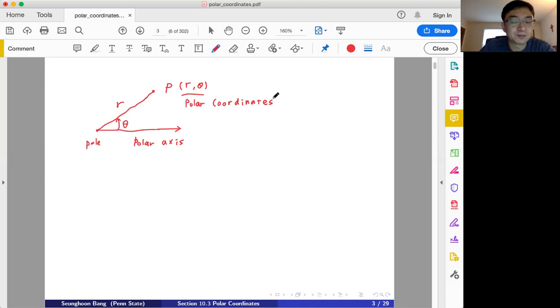This is the idea. One more thing: the direction of angle theta. In the counterclockwise direction, theta is greater than 0. We have another way to measure this angle in the clockwise direction, like this.